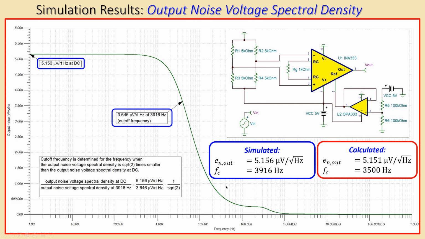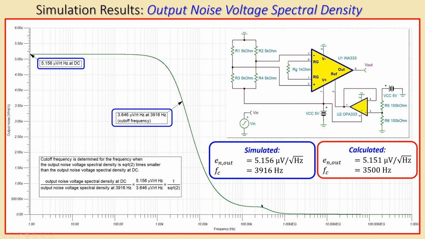That might be due to the fact that we use typical values from a datasheet for our operational amplifier and also the instrumentation amplifier, and there are other secondary effects we don't take into account in the noise analysis, because we assume that the circuit is first order. So this difference is important to take into account, but it is not a surprise from an analysis point of view, because we use a very simplified analysis.